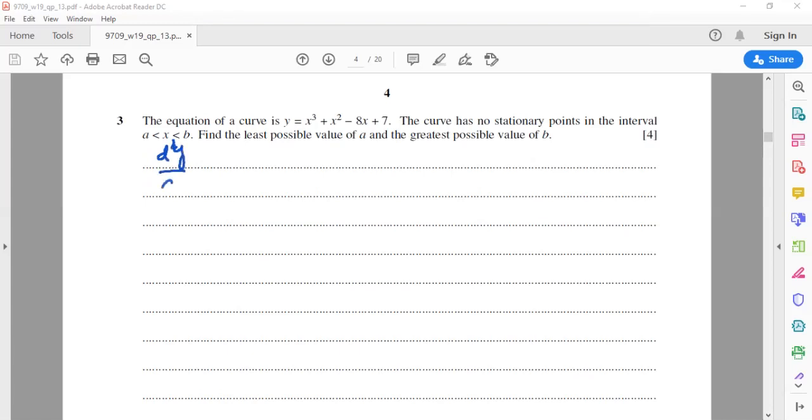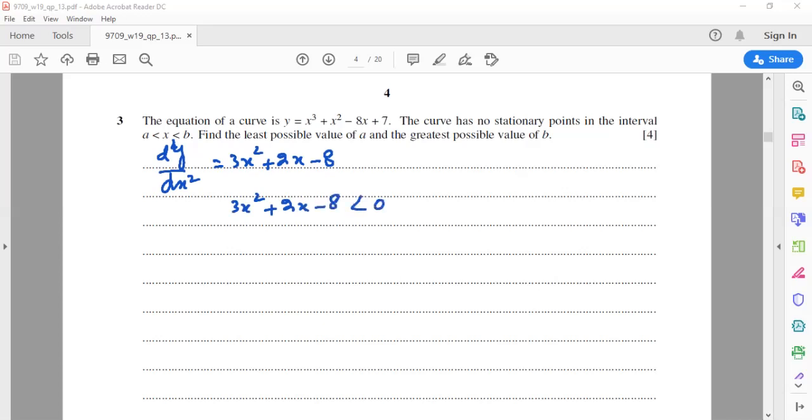dy over dx is equal to 3x square plus 2x minus 8. As we know, by the derivative of this, 3x square, 2x minus 8, and 7 is 0. So since it doesn't equal 0, and this inequality says it is going to be less than, because the answer lies in between, 3x square plus 2x minus 8 is less than 0.